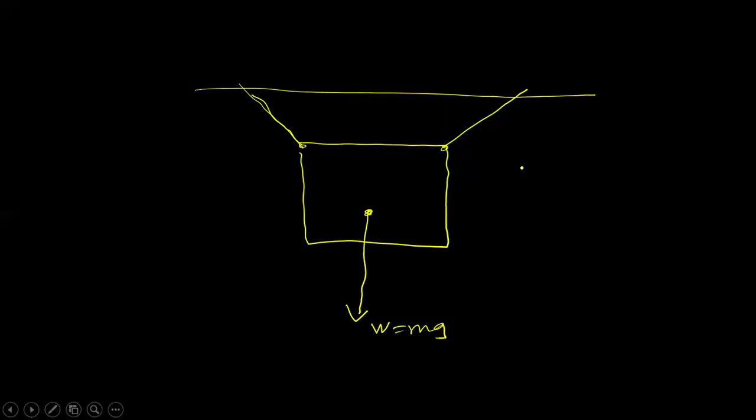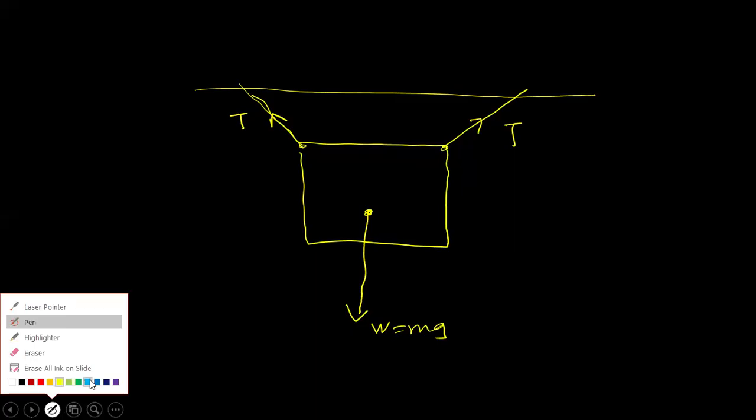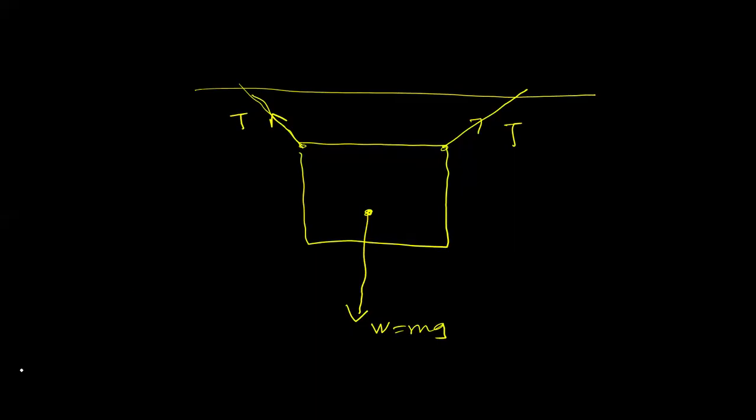Now let's say this is the object, like a banner being hung like this. And this is the weight of the object, W equals mg. This is the tension. This part is also tension. Now, if you extend the line, that is known as the line of action.